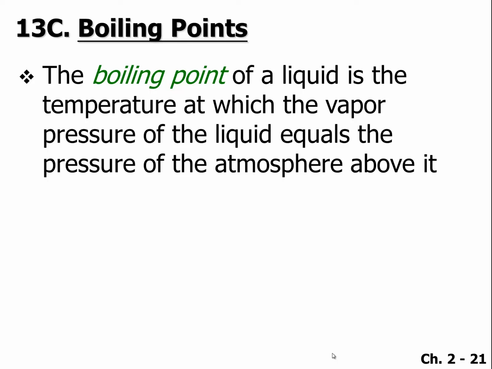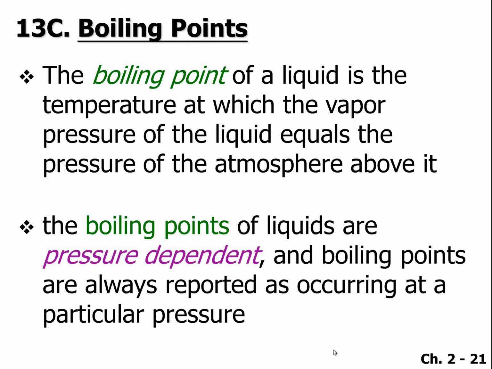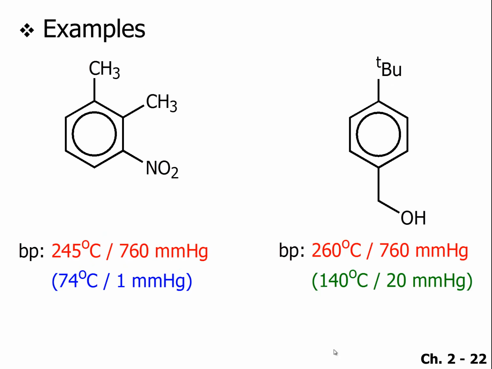All right, we mentioned boiling points just a moment ago, and of course that's the temperature at which our vapor pressure is going to equal the pressure of the atmosphere above it. And we said that those are pressure dependent. As you increase the pressure, you're going to also increase your boiling point.